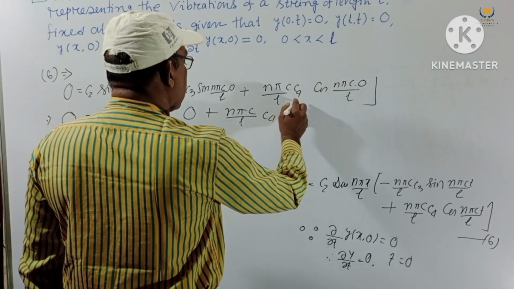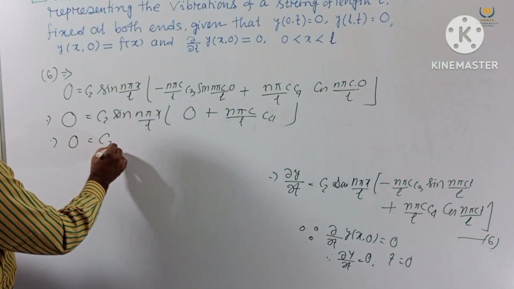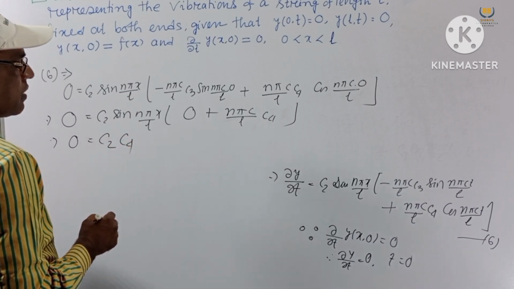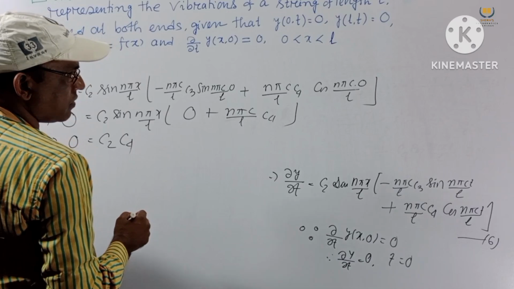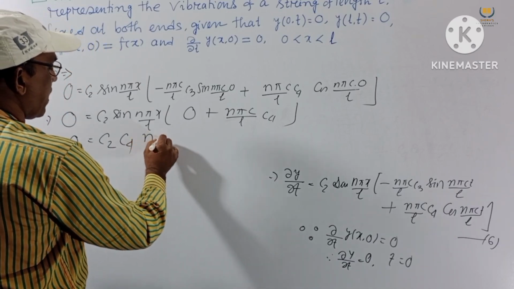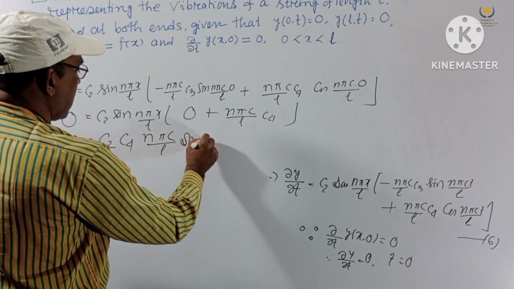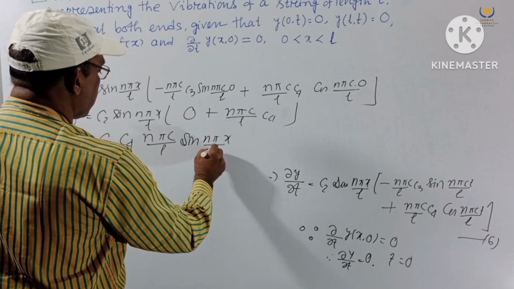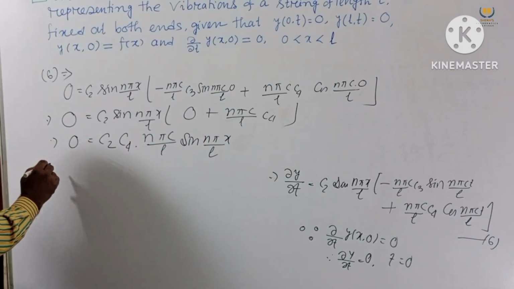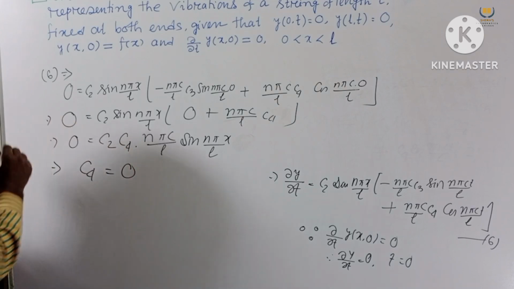We get finally 0 equals C2 (nπc/L) C4 sin(nπx/L). If we calculate this one, then C4 equals 0.